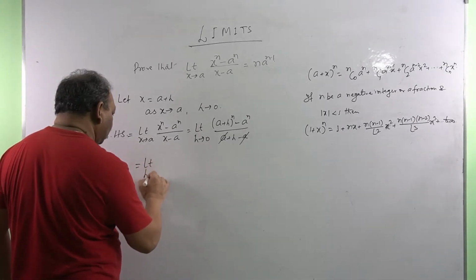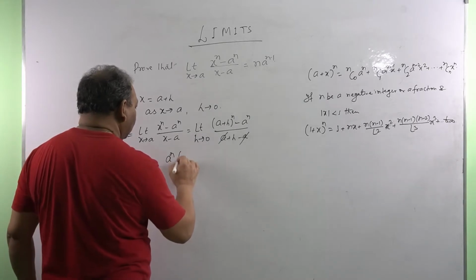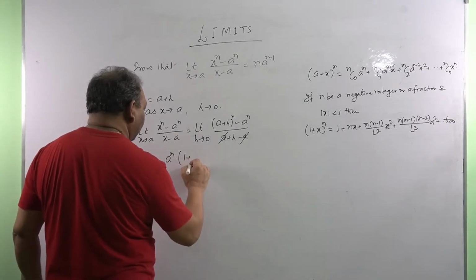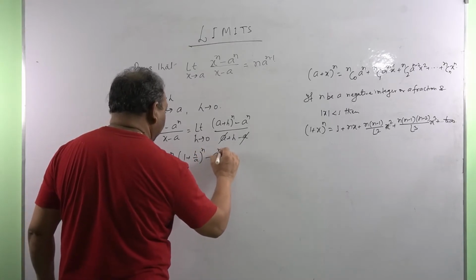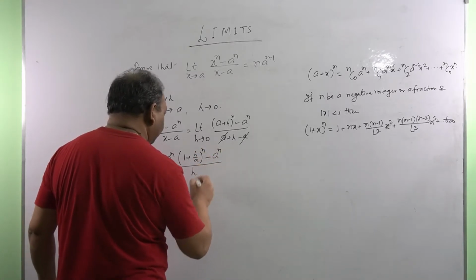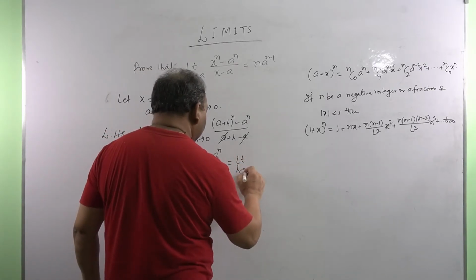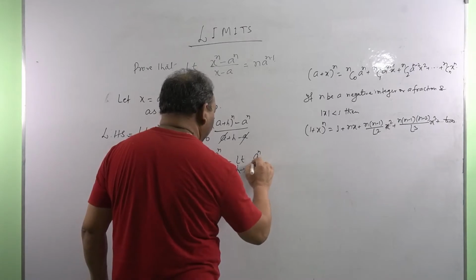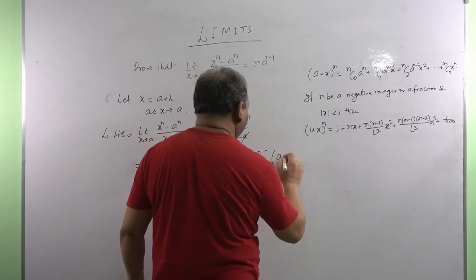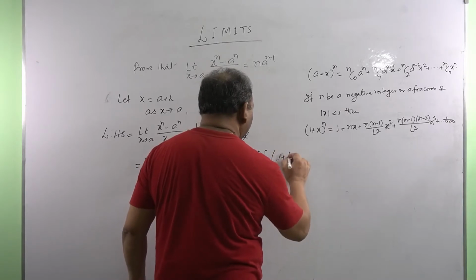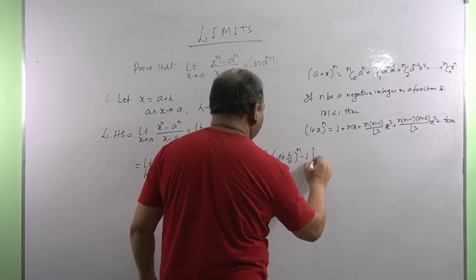Limit h tends to 0, (a to the power n into (1 plus h by a) whole power n minus a to the power n) by h. This can also be written as limit h tends to 0, a to the power n divided by h multiplied by ((1 plus h by a) whole power n minus 1).